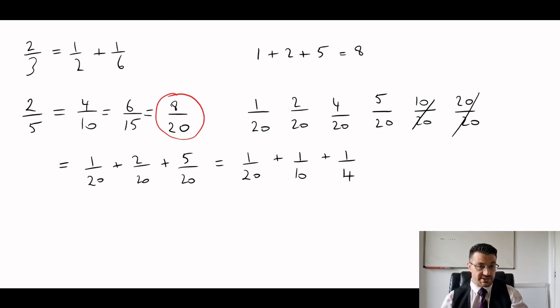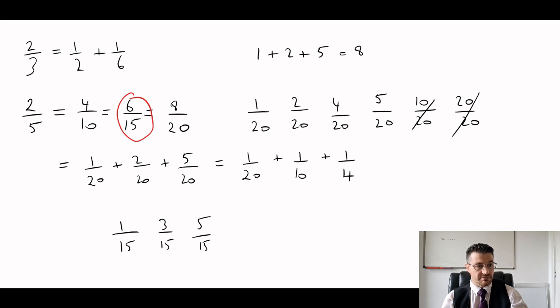Now, interestingly, the friendly form of a fraction is not unique. If on the other hand I had decided to focus on 6/15, and don't ask me why I decided to focus on 8/20, it just was. I don't know why. But let me now think about 6/15. So let's have a look. We can have 1/15, 3/15, 5/15, and of course 15/15.